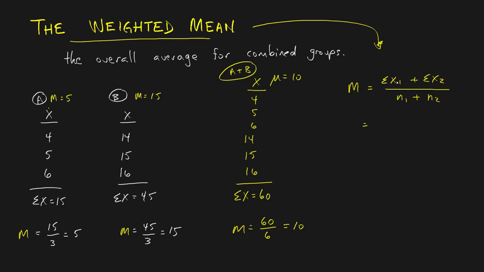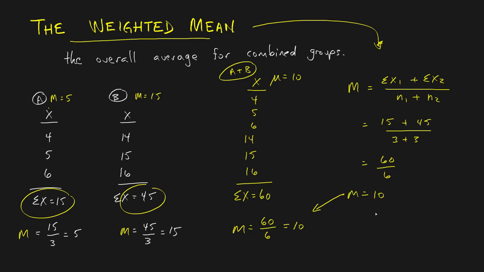I know that my sum of x from the first group was 15. For my second group, it was 45. Group 1 plus group 2 sizes, that was 3 plus 3. This gives me a total of 60 over 6, which of course is the same as what we got there. 60 over 6 gives us a mean of 10.